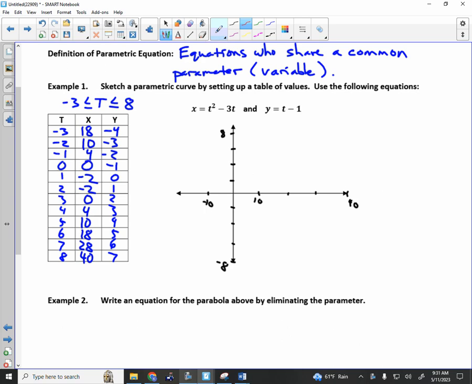And I don't plot time, I plot the x and the y. So the x value, I plot 18 and then -4 for y.